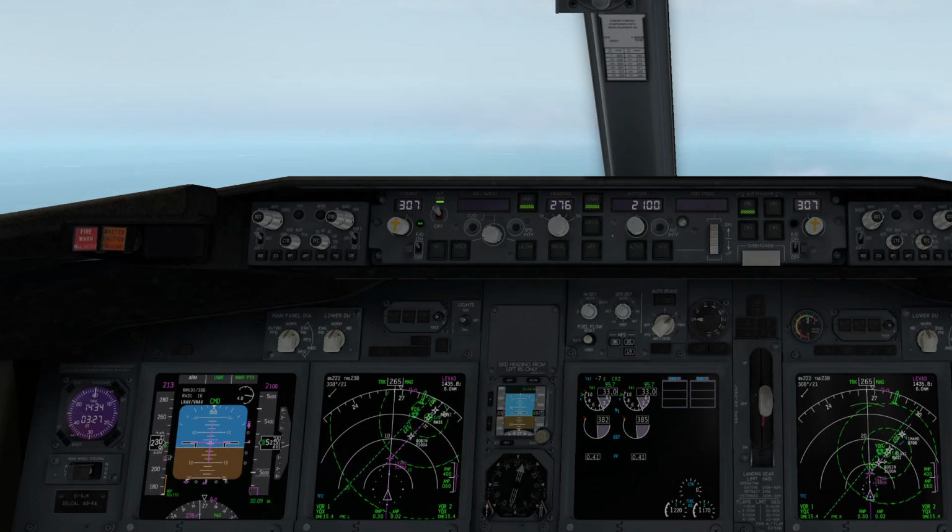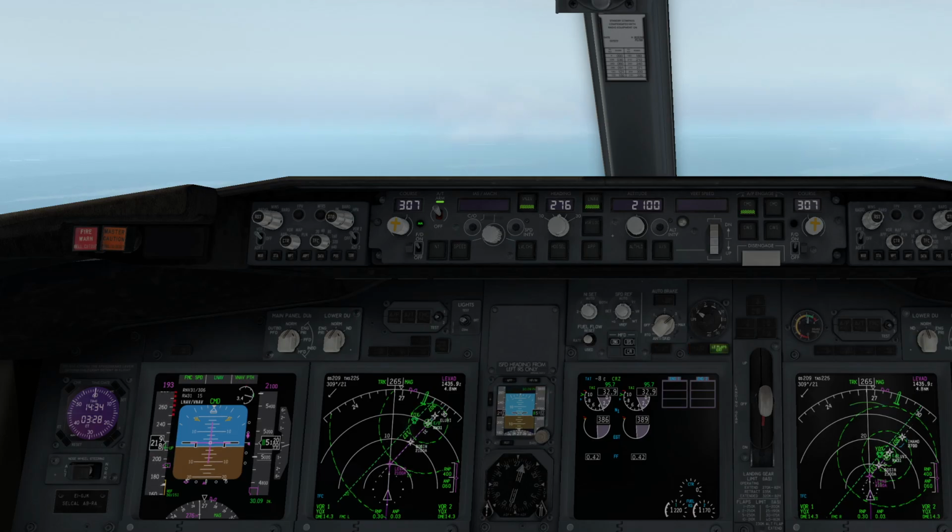Oh yeah, now speed is reducing to 213, so probably we could use flaps 1. It's now reducing to 193 knots. So we could use flaps 2 now, just below 210.